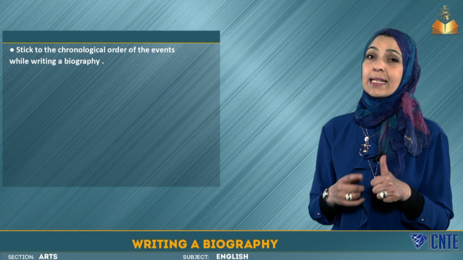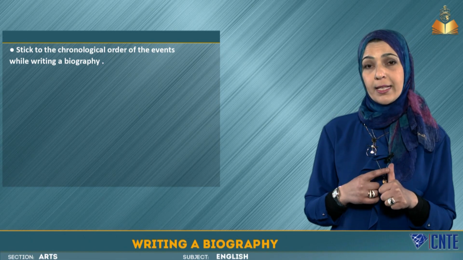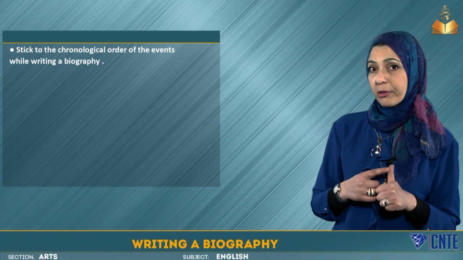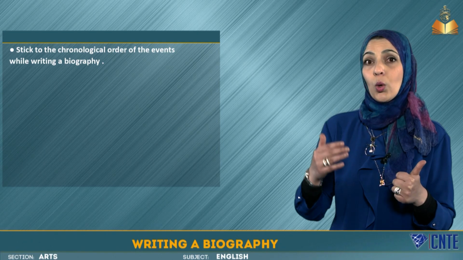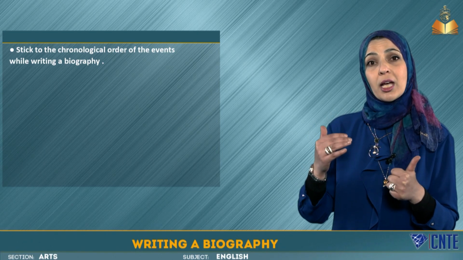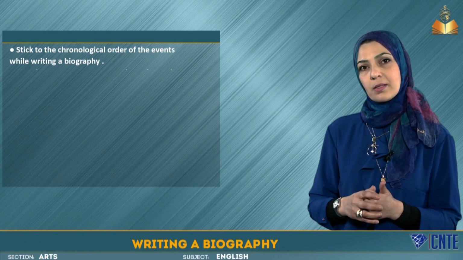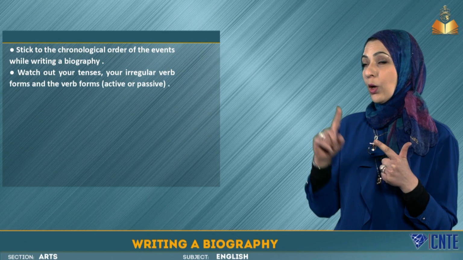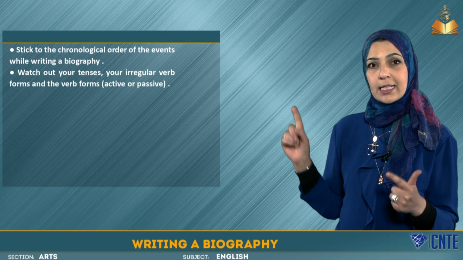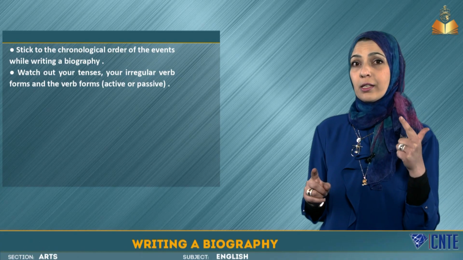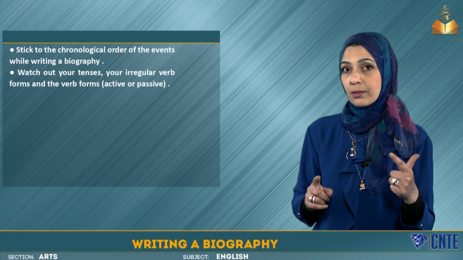work effectively and get brilliant marks. 1. Stick to the chronological order of events while writing a biography. That is to say, order the events according to their time of occurrence. 2. Watch out your tenses and make sure that they fit the given dates.